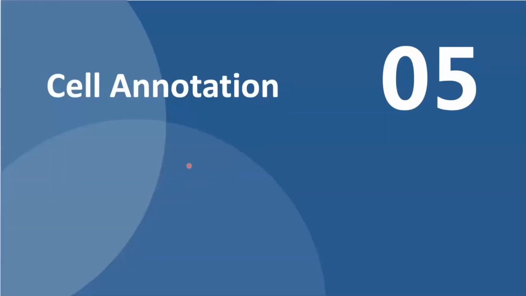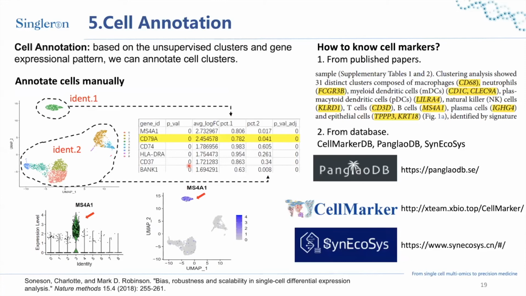So the next part is to do the cell annotation. Based on the unsupervised clusters, here we have 9 clusters, and the gene expression pattern, which are the DEGs we detected from the analysis, we can annotate the cell clusters.